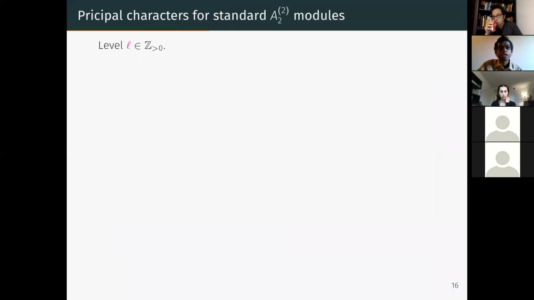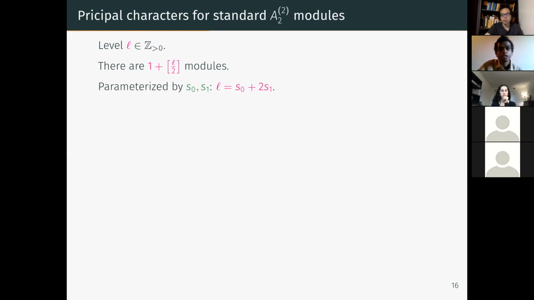All right. So let me now tell you what these characters are for A22. Pick a level, a positive integer. It turns out there are roughly half the level many modules, and they are parameterized by two integers, S0 and S1, where the level is S0 plus 2S1. That's just coming from simple considerations of characters.